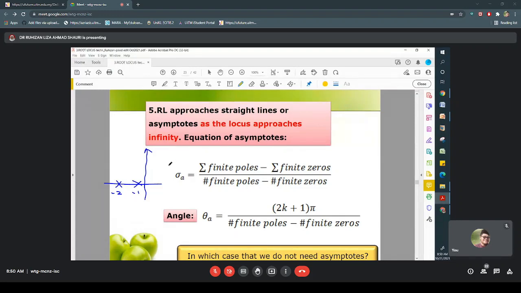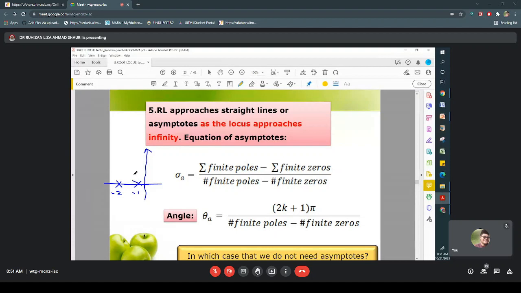Okay, number 2. What does it say? The root locus symmetry. So you need to make sure that if it breaks out, it needs to be symmetrical about the real axis. Alright, number 3: the root locus lies on the real axis to the left of an odd number of poles and zeros.